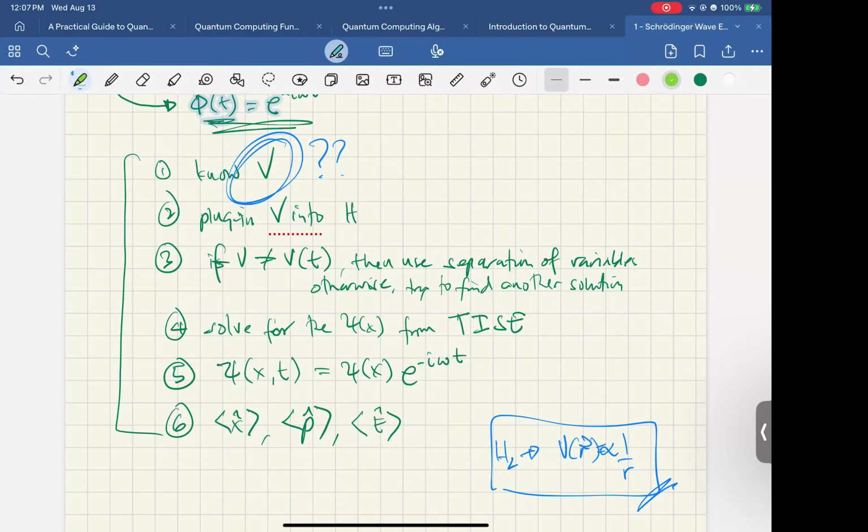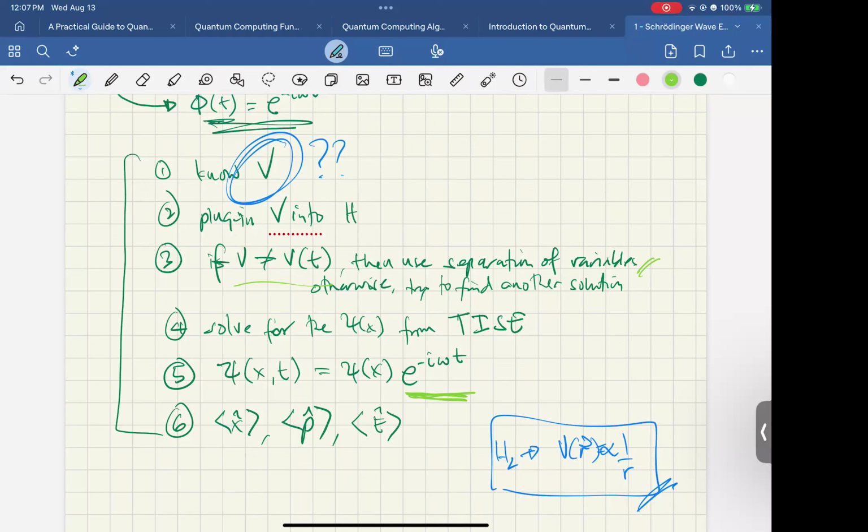And then we solve for the wave function from the time-independent Schrödinger equation. And then to get the time-dependent solution, we simply multiply the time-independent solution with this. Okay, again, this only works if V is not a function of time.